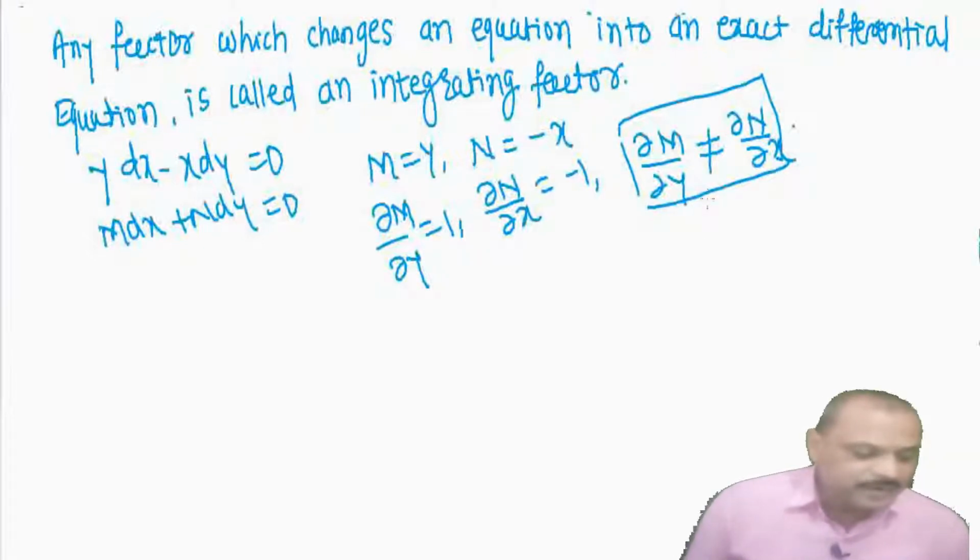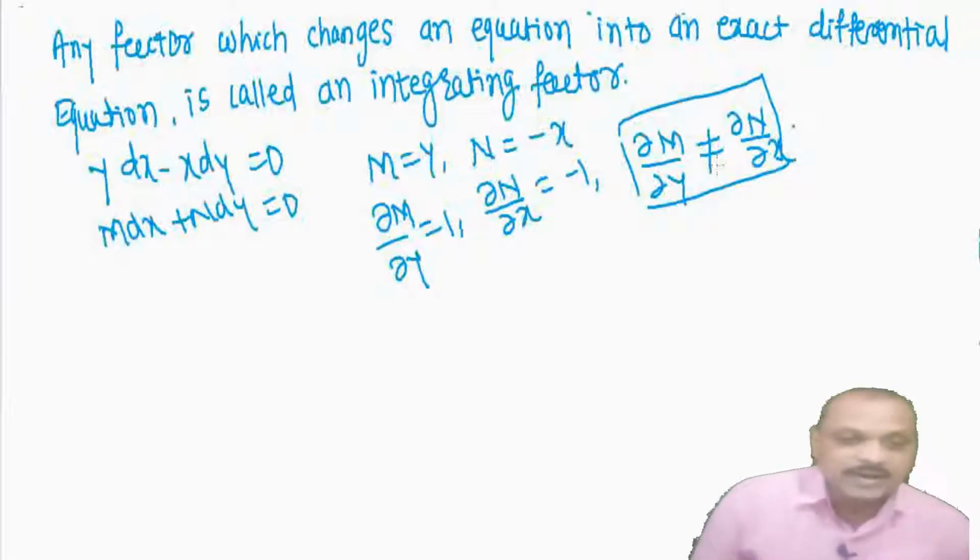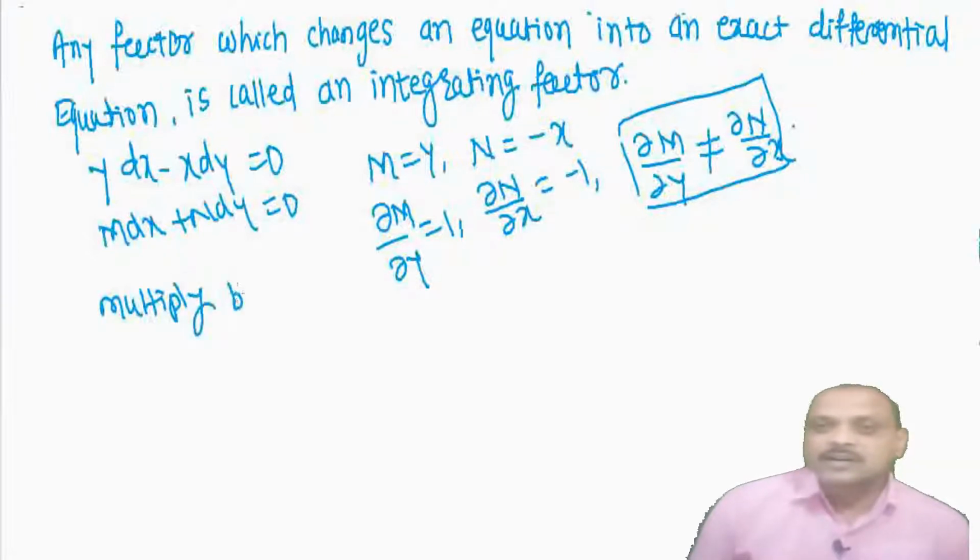But whenever we multiply this equation by 1 divided by y square, you can see that this will be 1 divided by y into dx minus x divided by y square into dy equal to 0.